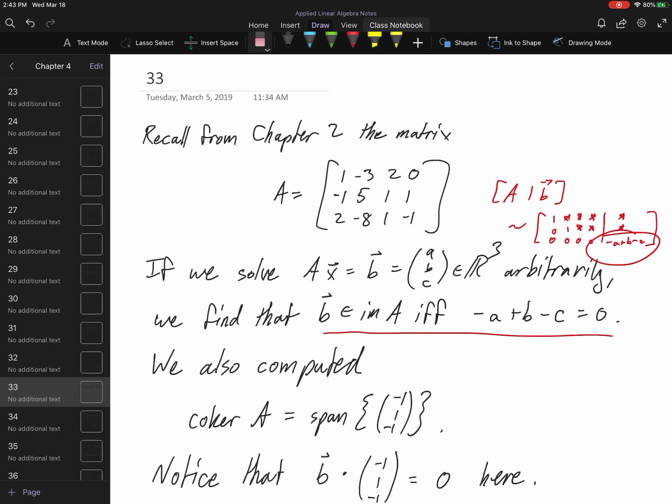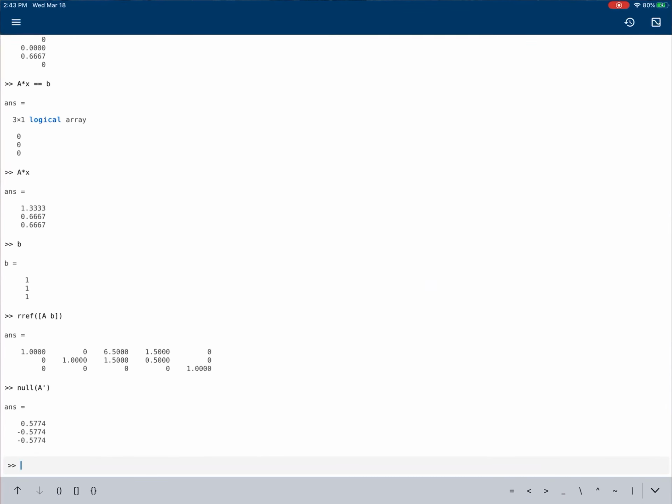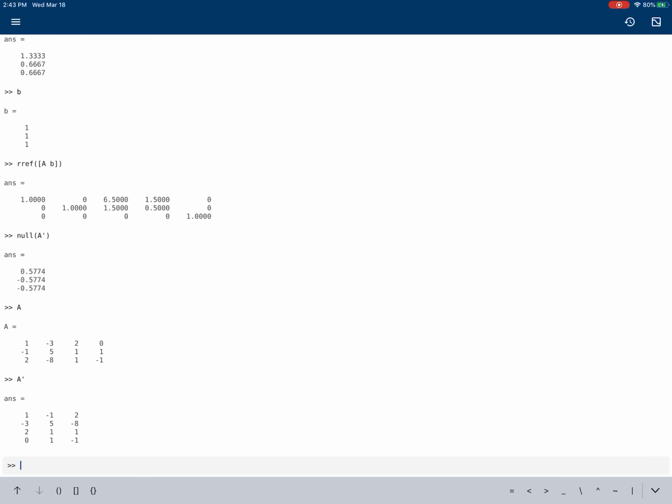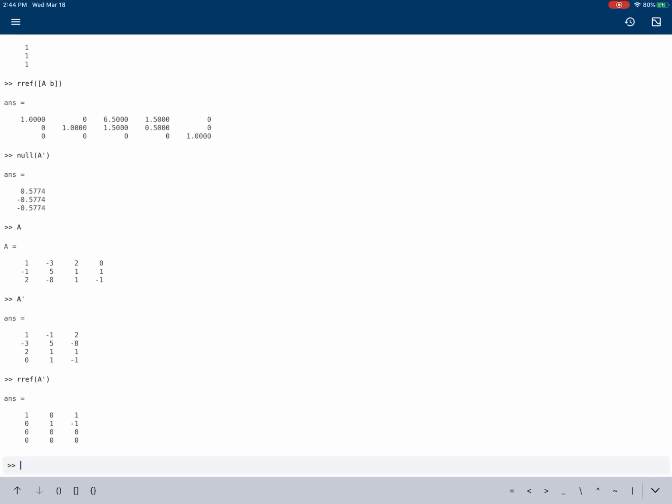And notice the coefficients here. Actually kind of interesting that they go in that order. Did I write it down correctly? Interesting. I want the co-kernel, so it's the kernel of A transpose. Did I do this right? Yeah, pretty sure.